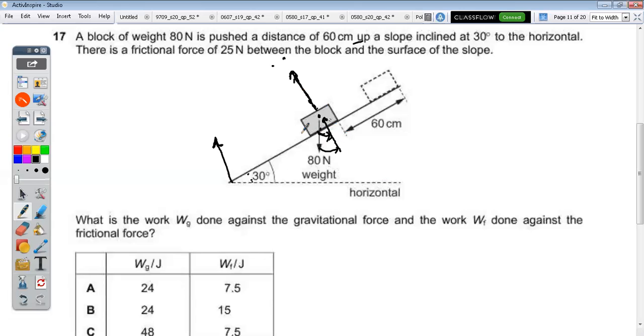Like, for example, this friction force, we also need to think of in terms of resolving it. Do we use cos or sine for that force? Because it's also at an angle. Does that make sense? Thinking of the geometry, you said we use sine.